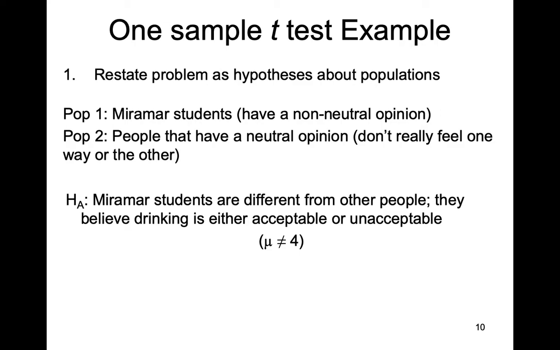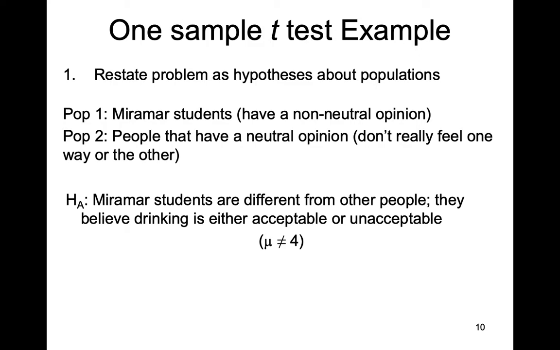And what we're saying is, on average, Miramar students would have a mean that is different than 4. We aren't predicting whether they're going to have an attitude about drinking which is favorable or unfavorable, that they think it's acceptable or unacceptable. We're just saying it's different than neutral.